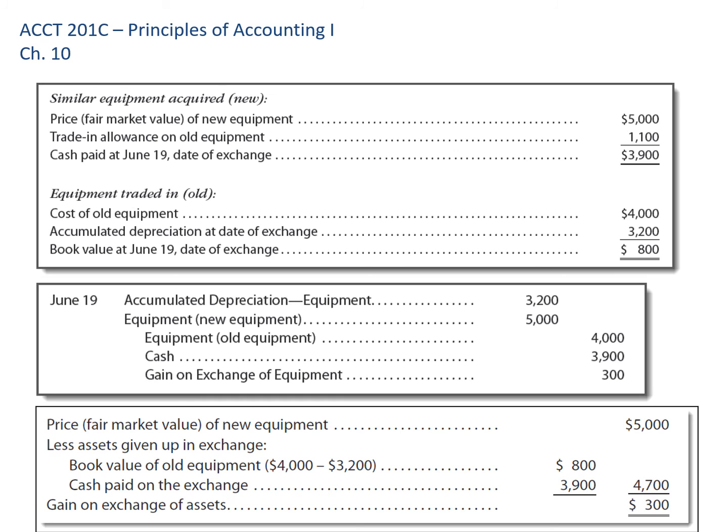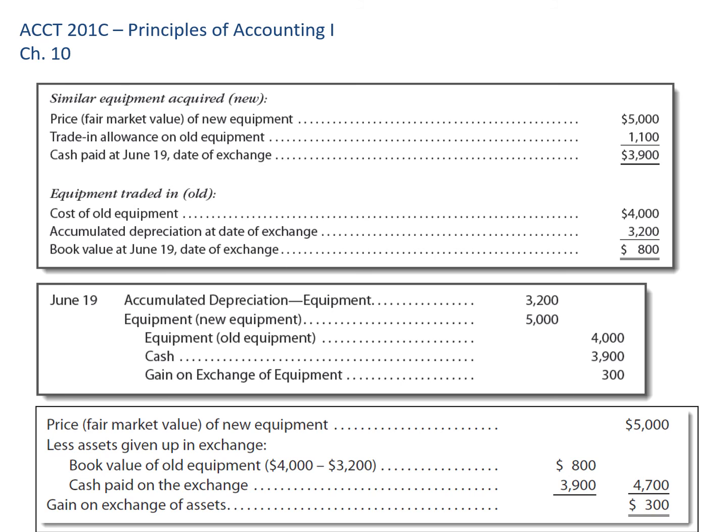So here's an example. We have a new piece of equipment that's valued at $5,000. Somebody's giving us a trade-in allowance on our old equipment of $1,100, so we're going to need to pay $3,900 and give them our old piece of equipment. So in determining the cost of the traded-in equipment, the cost of the old equipment was $4,000.